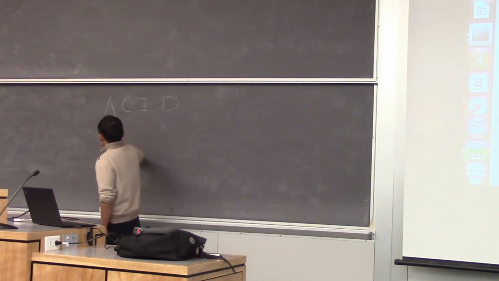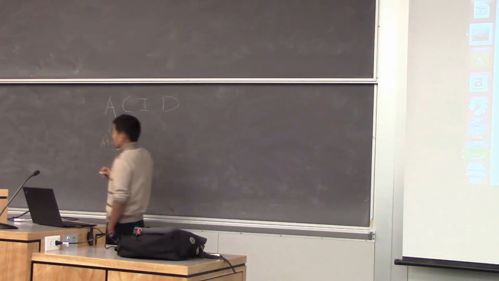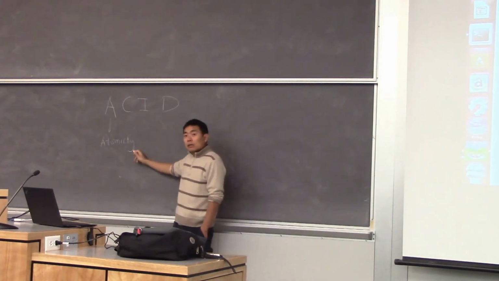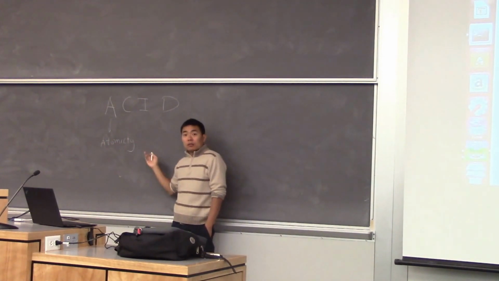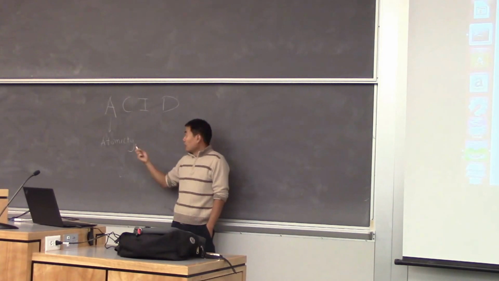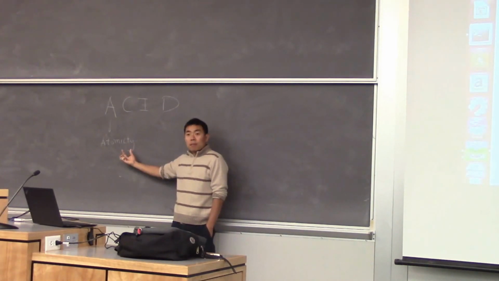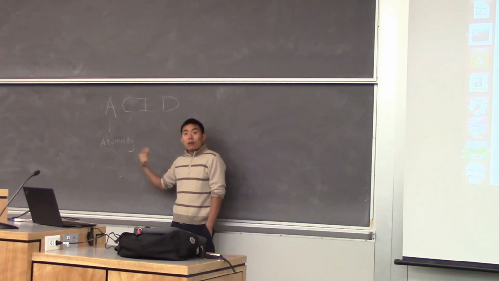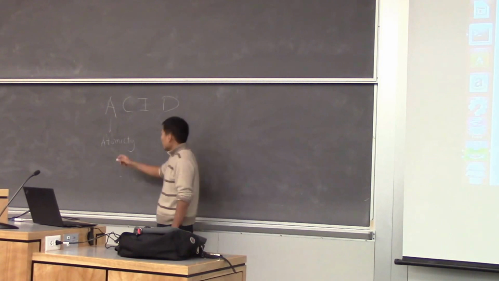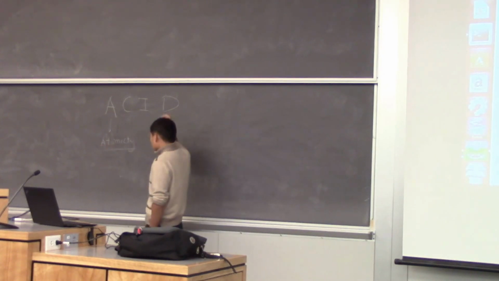A stands for atomicity, which I explained in last lecture, which is all or nothing, meaning that the statements or the actions within a transaction get executed all together, or none of it gets executed. Okay, so that's what we mean by atomicity.